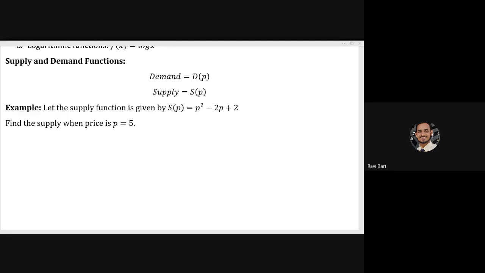What about other students? All right, so let's see how to find this.